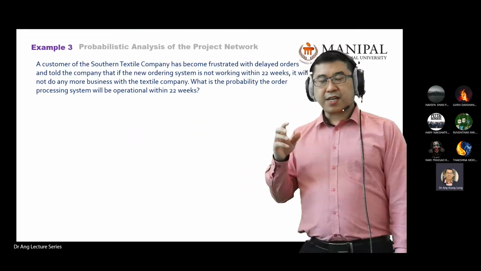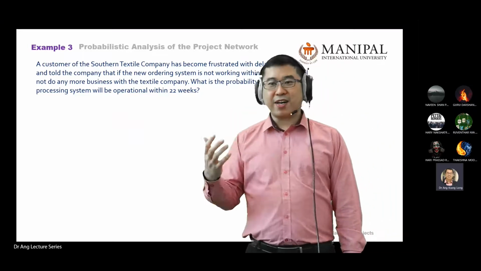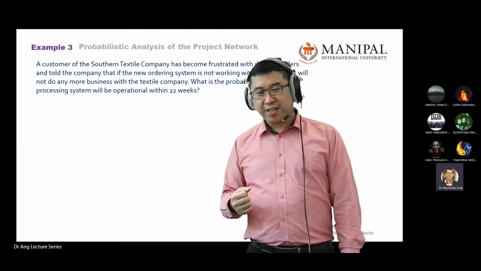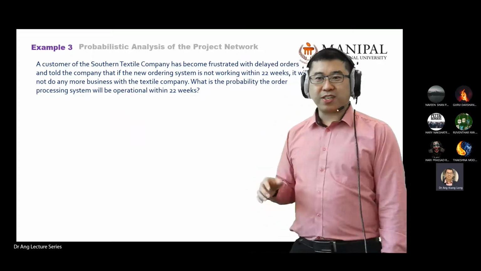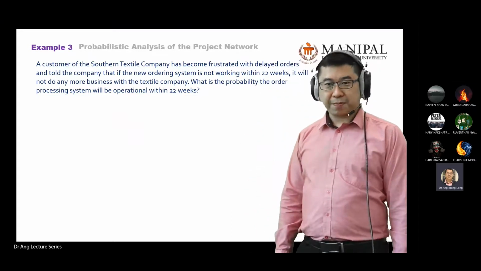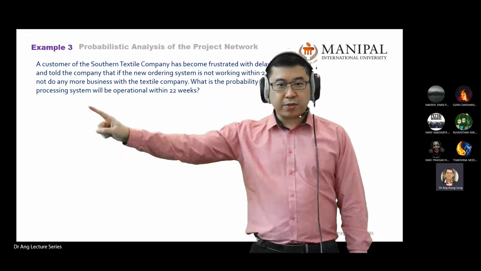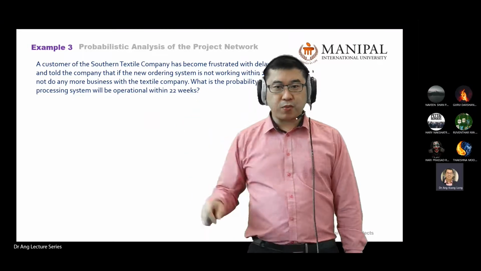Means the big boss says I can do in 30 weeks, but the customer says no, I don't want 30 weeks, I want 22 weeks. Can you do in 22 weeks or not? So what is the probability that the order processing system will operate within 22 weeks?